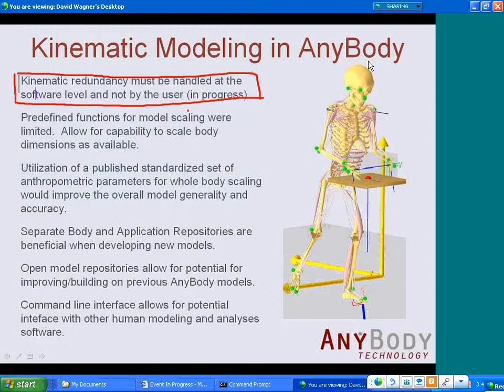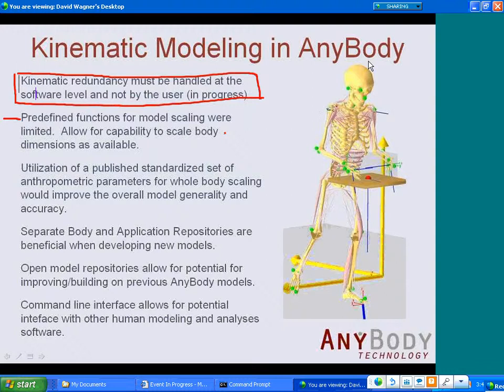for each analysis. It would, again, be nice to have predefined functions for model scaling. They were limited, and it would be nice if they had a little bit more flexibility and capability to scale the body dimensions as I would have liked.